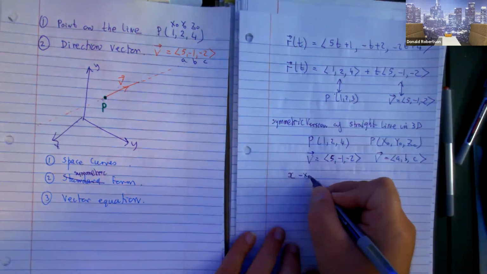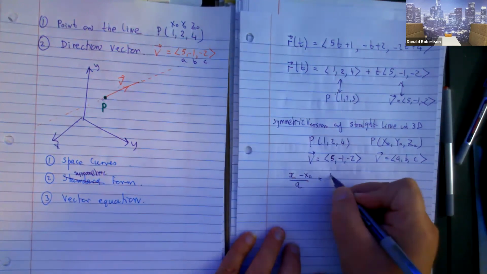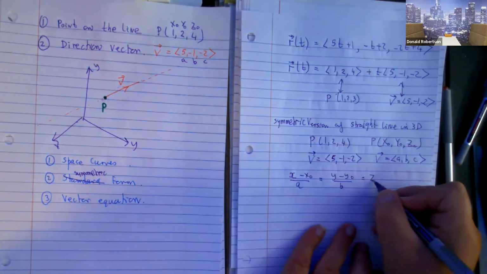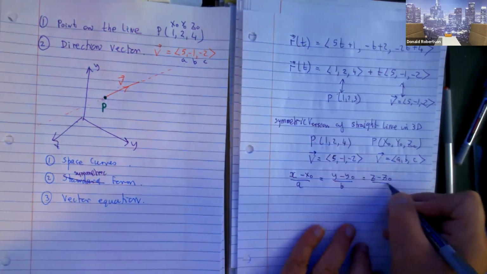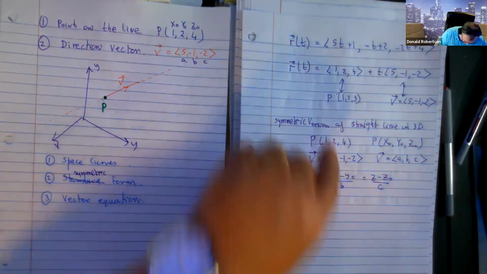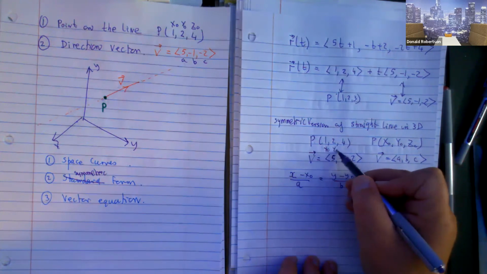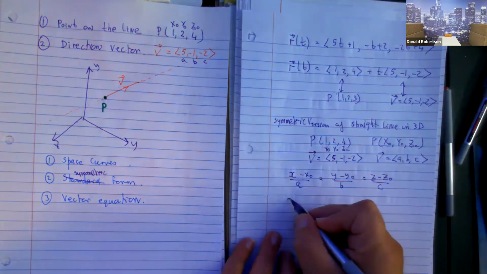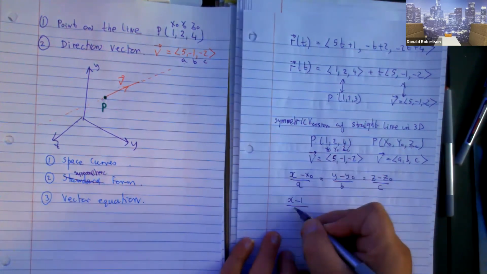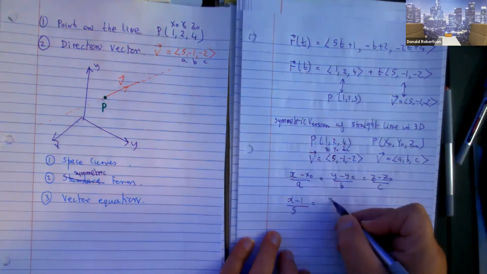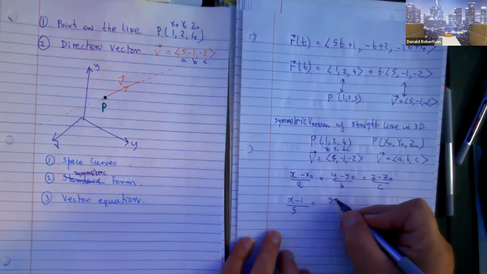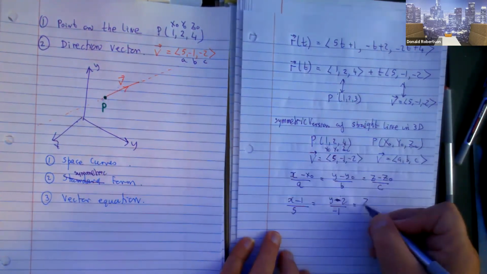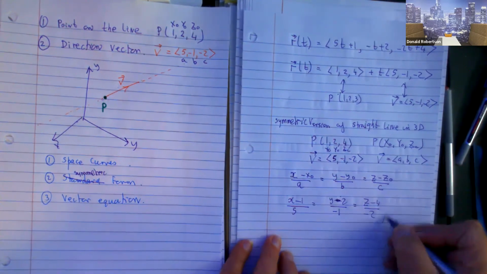(x minus x naught) over A equals (y minus y naught) over B equals (z minus z naught) over C. Now, if you put in the numbers, the x naught, the y naught, and the z naught, and the A, B, C, what you have is (x minus 1) over 5 is equal to (y minus 2) over -1 equals (z minus 4) over -2.